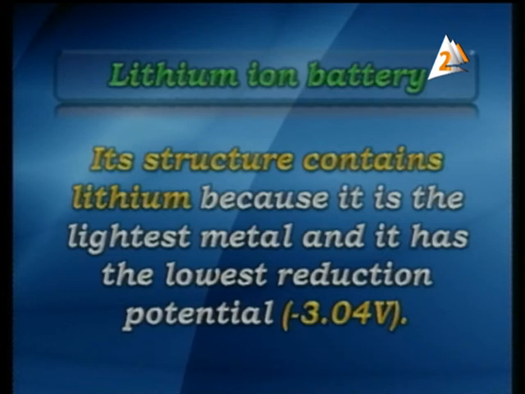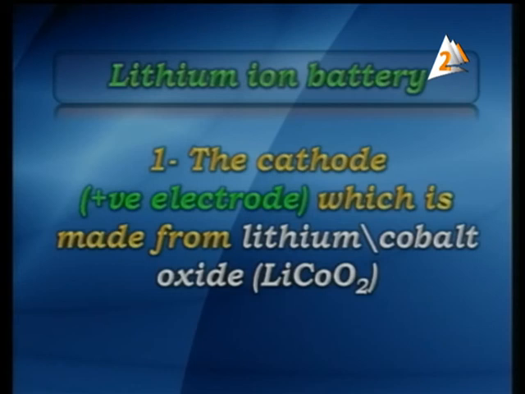This is not all for this fantastic battery. Look at this. The cathode, number 1, the first part of this battery in the reaction, is the positive cathode, which is made from lithium cobalt oxide, LiCoO2. Again, the symbol of this battery is Li, small o, O2.